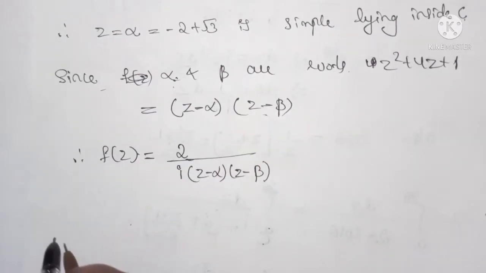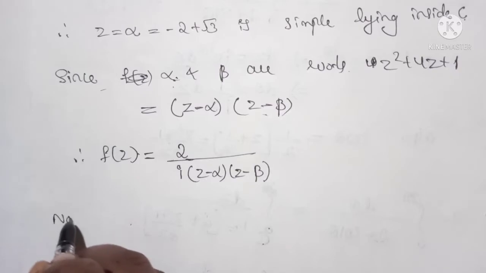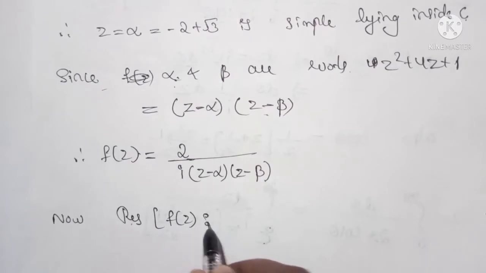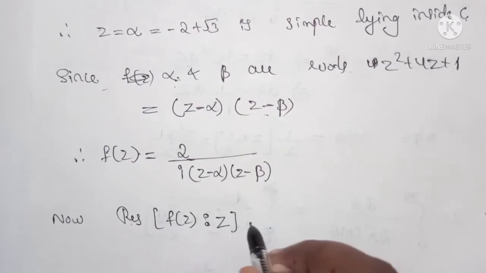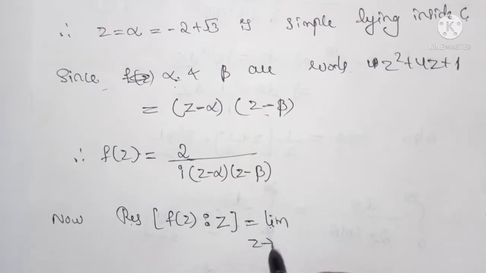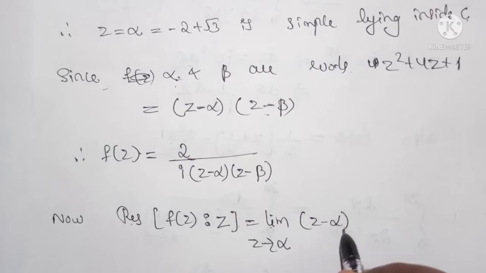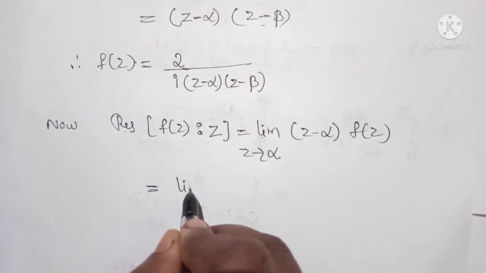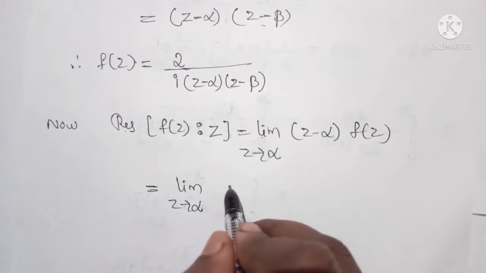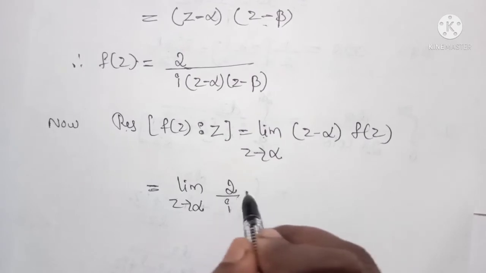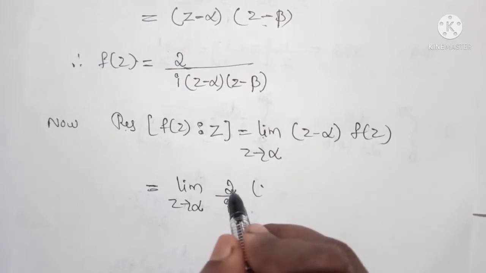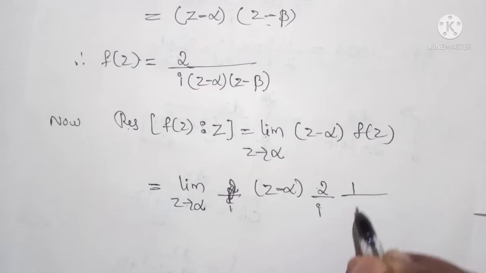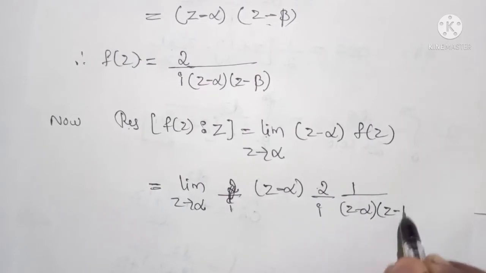Now the residue of f of z at z equals alpha is the limit as z tends to alpha of z minus alpha into f of z, which is the limit as z tends to alpha of z minus alpha times 2 by i times 1 by z minus alpha, z minus beta.